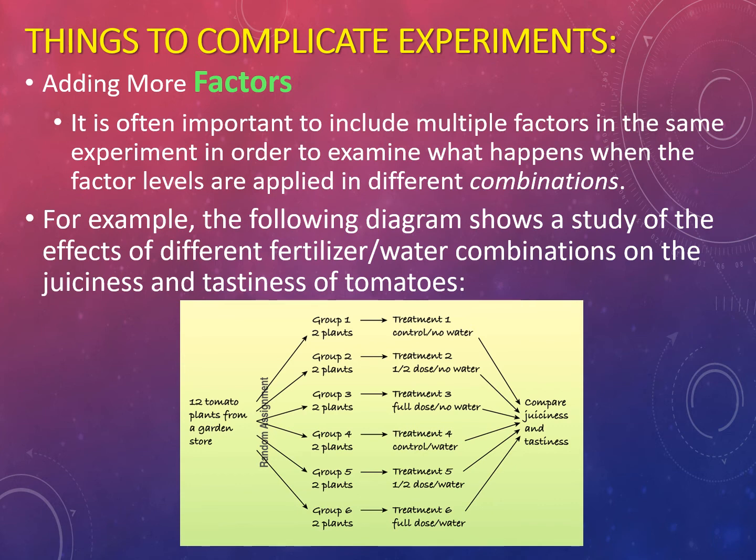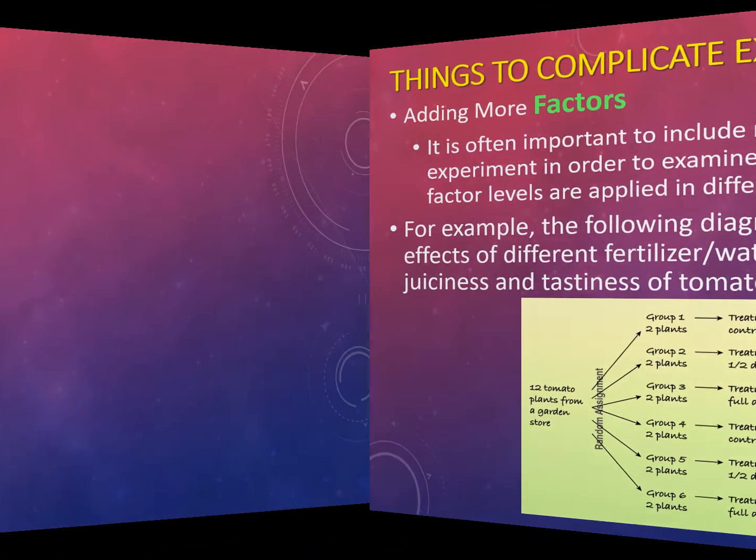Treatment 4 says, okay, now we're going to water them, but we're going to do that same thing again. Control versus water, half dose with water, full dose with water. And in all of those, we compare against all treatments, juiciness and tastiness. And this helps us kind of figure out, well, is it the water that makes a bigger play, or is it the amount of fertilizer that makes a different play?